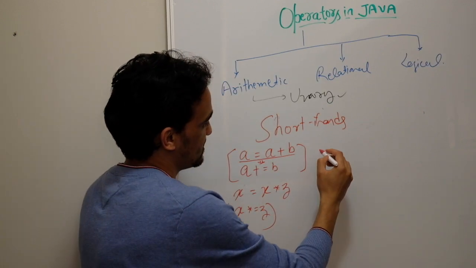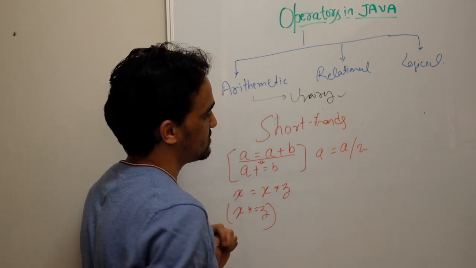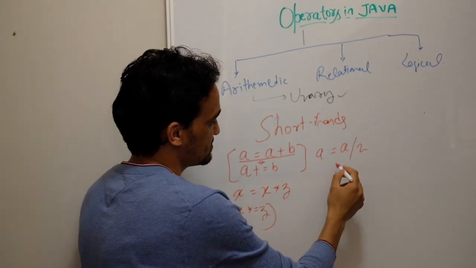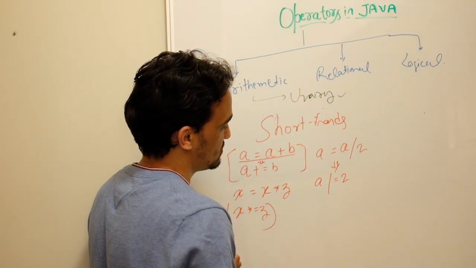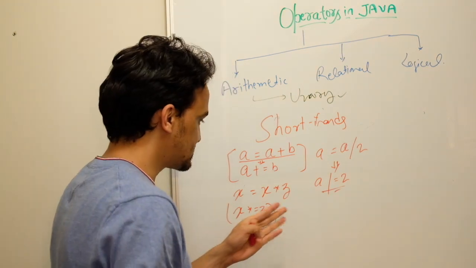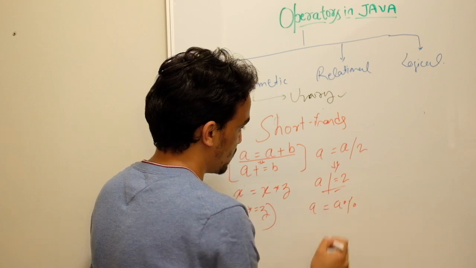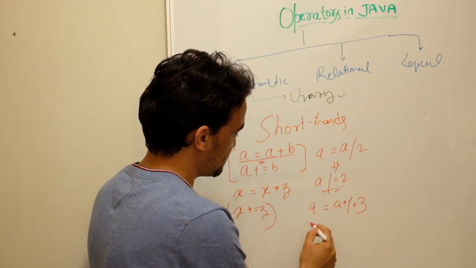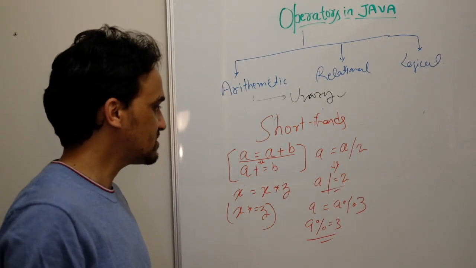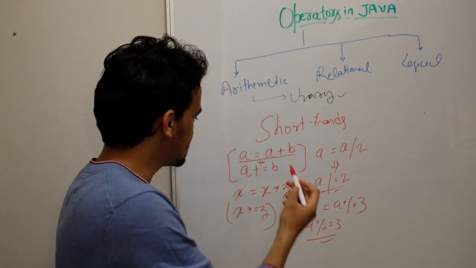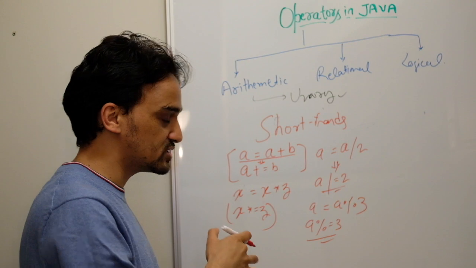If I say a equals a divided by 2, it can be written as a divided by equals 2, like this shorthand. Similarly, a equals a mod 3 can be written as a percent equals 3. These are just a way of writing expressions in a short way. These are called shorthands, which we should be aware of.